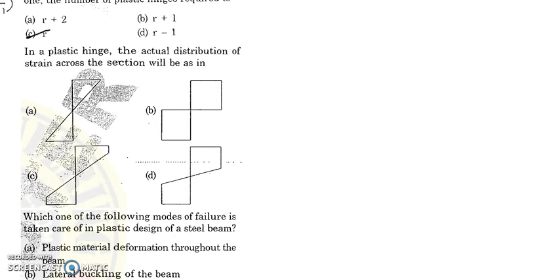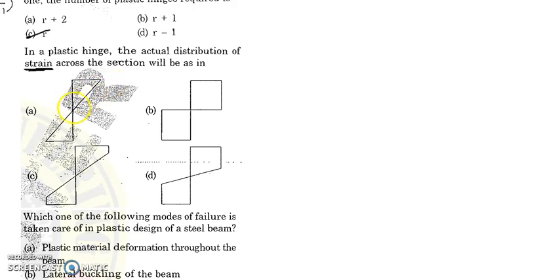Now next question. In a plastic hinge, the actual distribution of the strain across the section will be. Read the question carefully. They are asking about strain. If you are already familiar with the assumptions we make in RCC, strain will always remain linear. That is the assumption that plane sections remain plane even after bending.